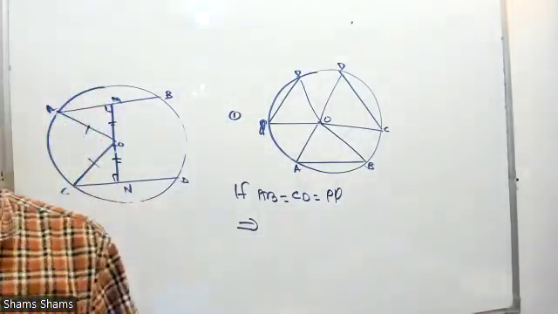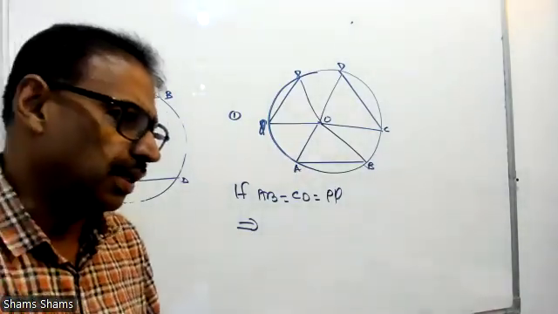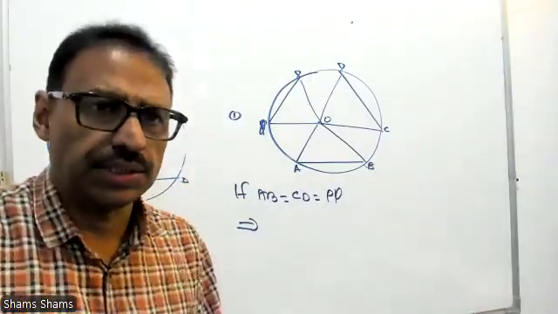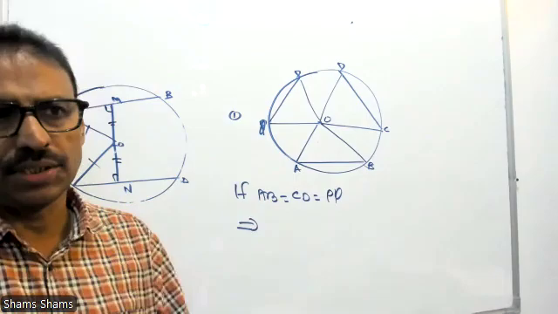This is the first thing. The theorem number one is what? Equal chords subtend equal angles at the center.